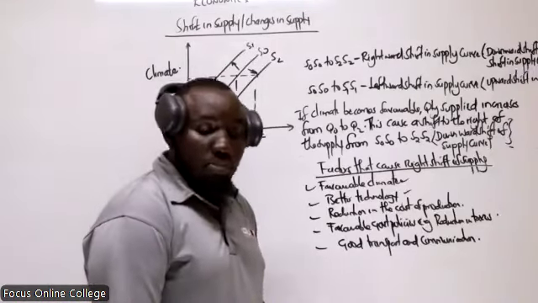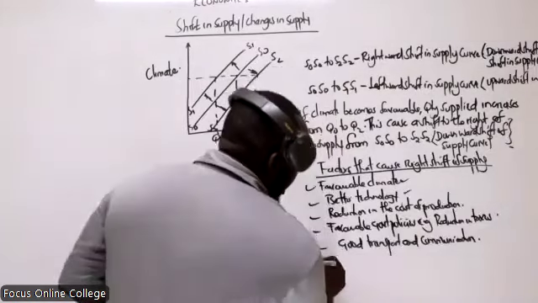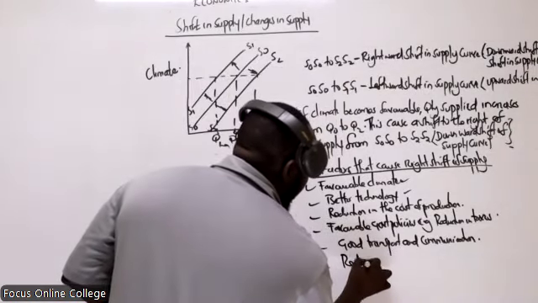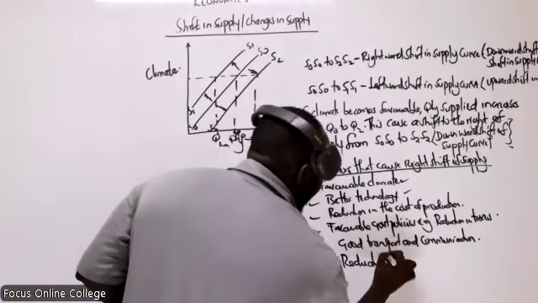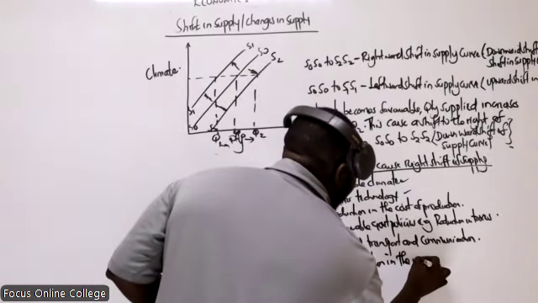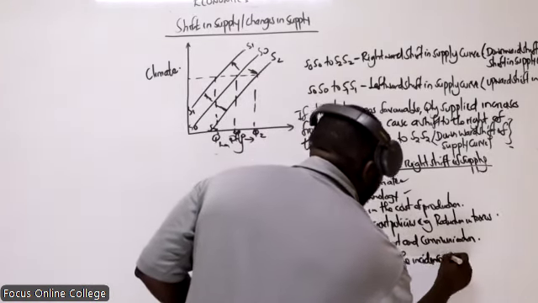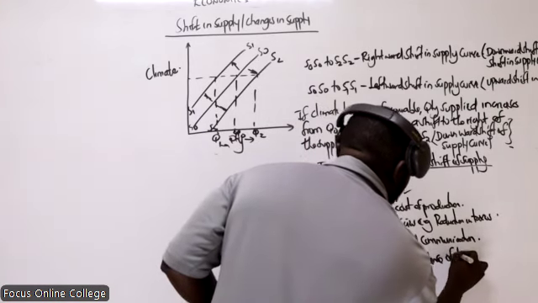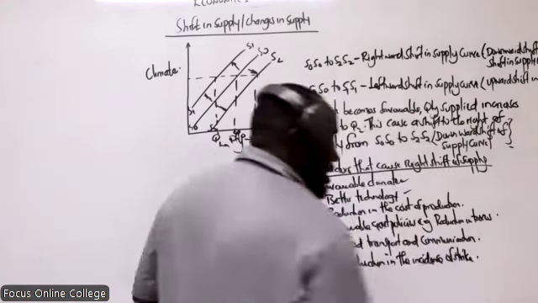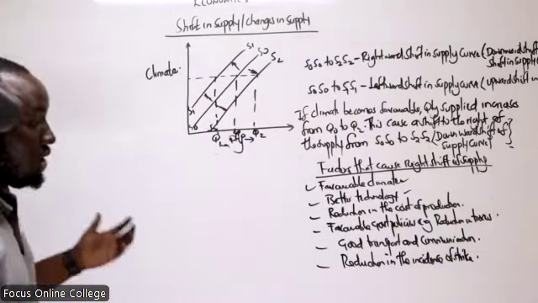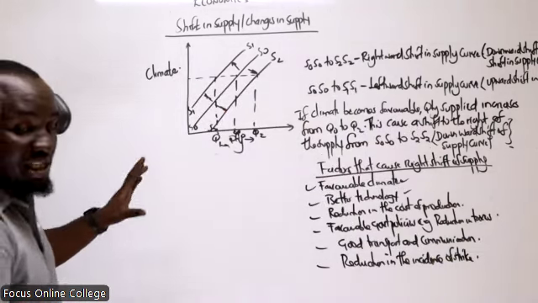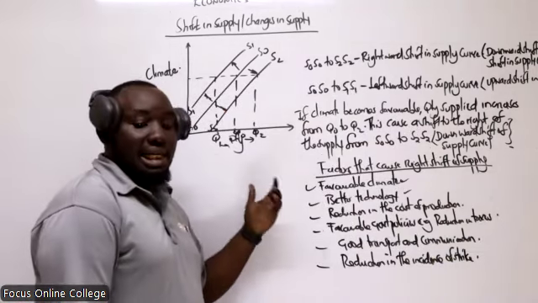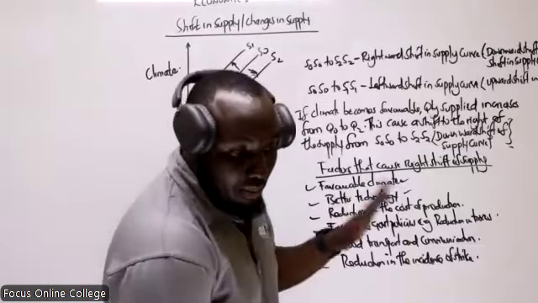Then we can also talk about reduction in the incidence of strike. When there's a reduction in the incidence of strike, that leads to an increase in quantity supplied.